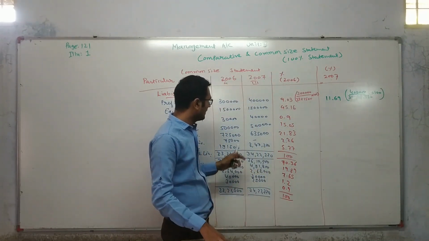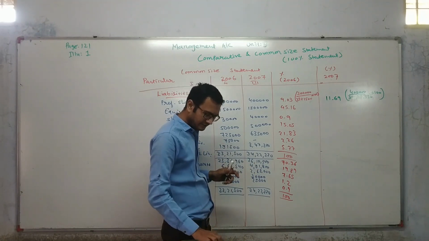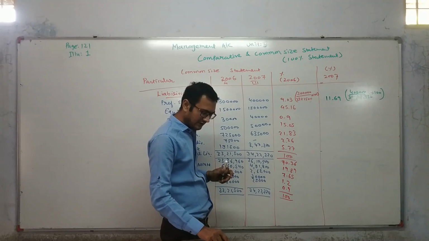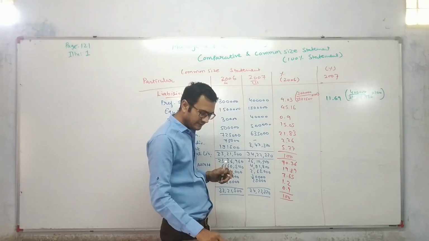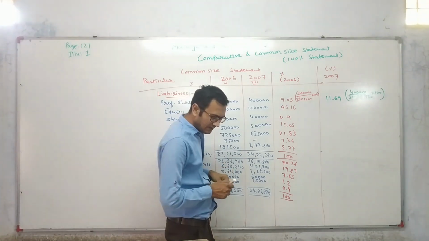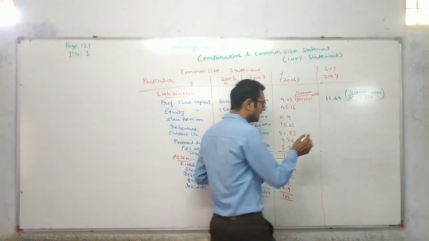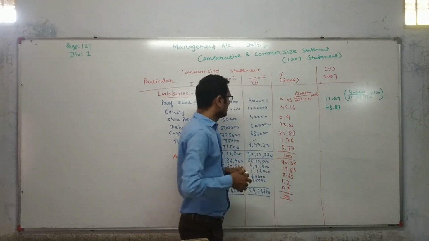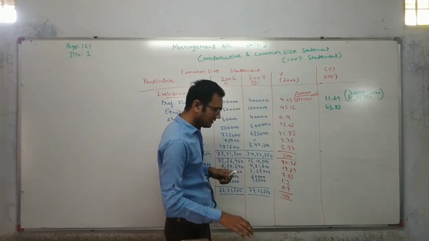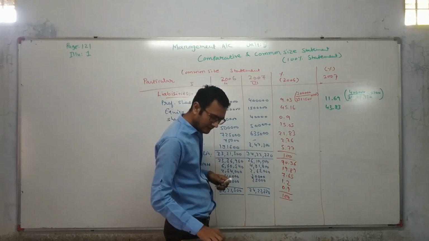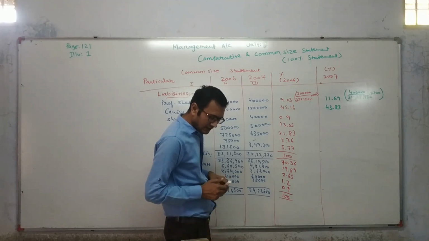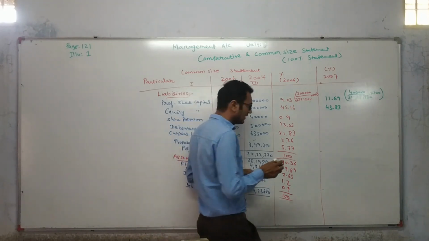So 11.69%. Now 15 lakh divided by 34,22,330 into 100. 43.83%. And 40,000 divided by 34,22,330 into 100. And 1.17%.